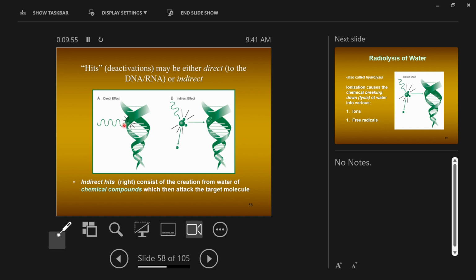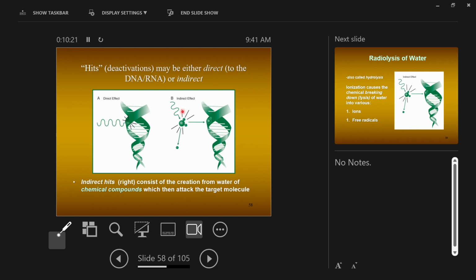Okay. An indirect hit, which is way more likely, is a strike of water. Water in the cytoplasm accounts for about 3 parts out of 4, roughly 75-80% of a cell, 8 parts in 10. So it's much more likely that the water molecules nearby the nucleic acids are struck.